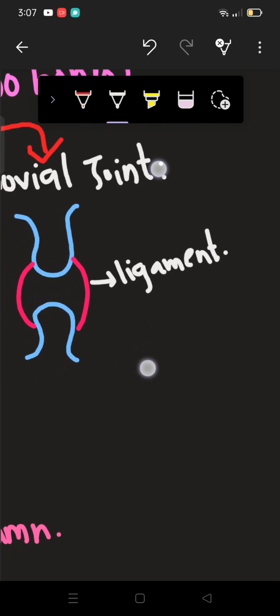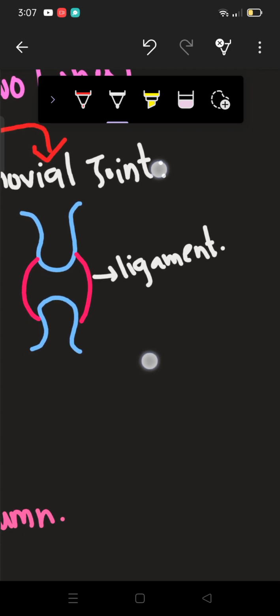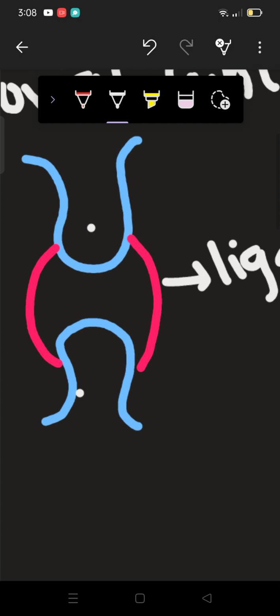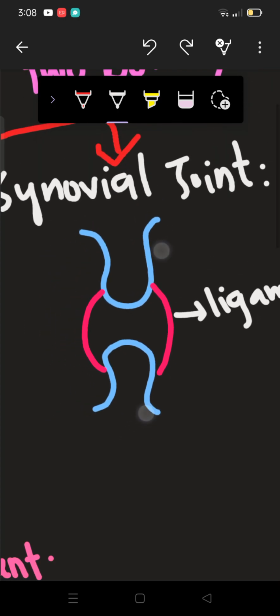It is the band of fibrous connective tissue by which bones are joined to one another at joints. These ligaments are joining these bones to one another.